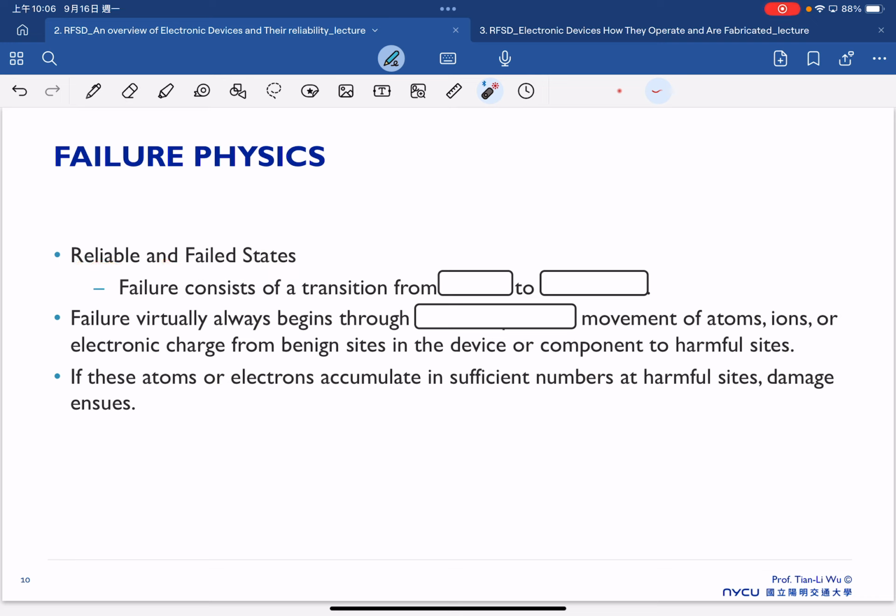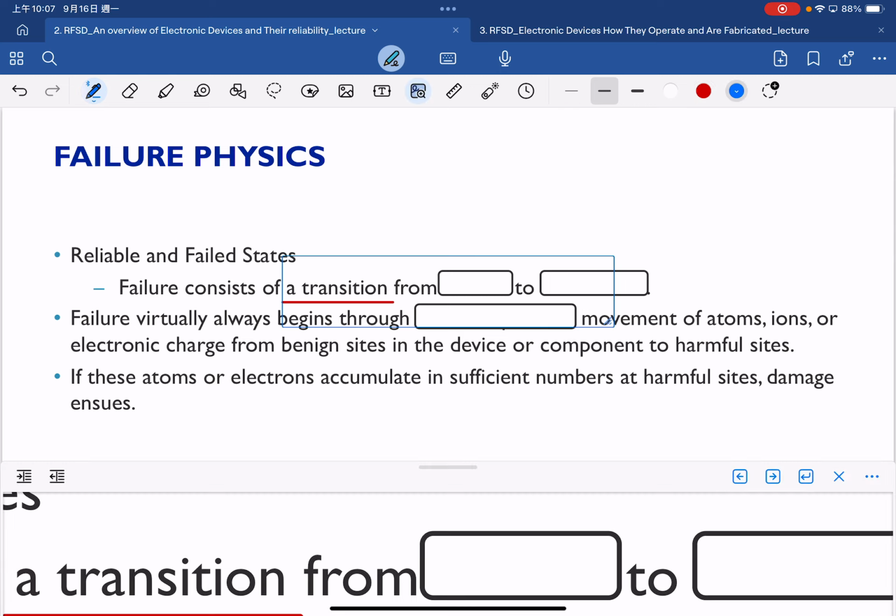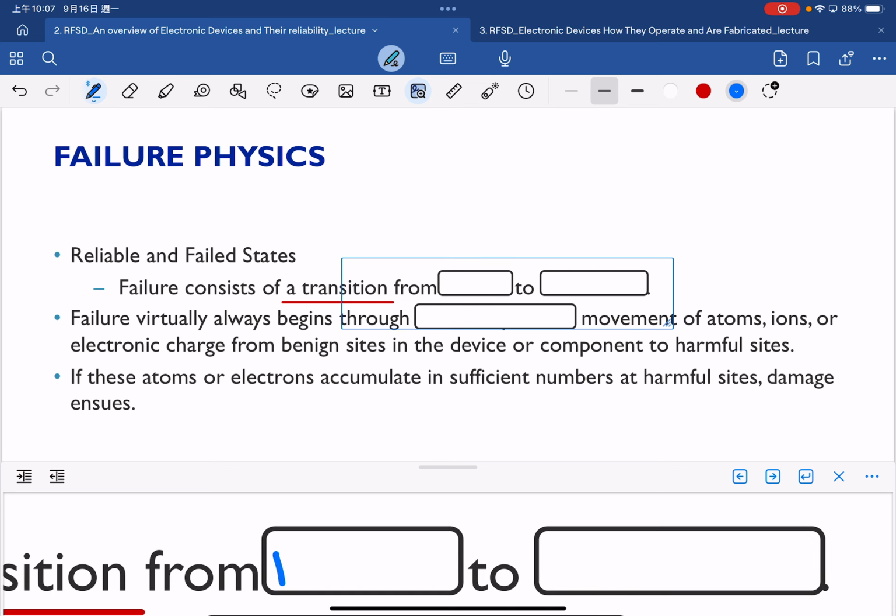So the failure consists of a transition from the reliable to the fail state.